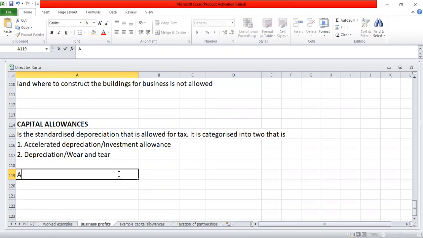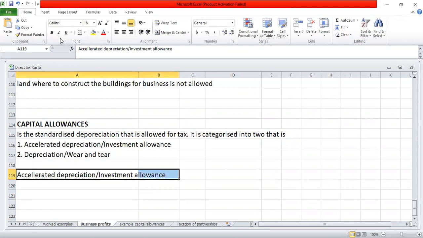Now, let's look at the first one, which is accelerated depreciation. This one, sometimes we call it investment allowances as per the previous law. Accelerated depreciation, or sometimes we call it investment allowance.